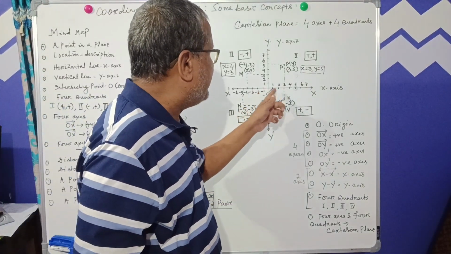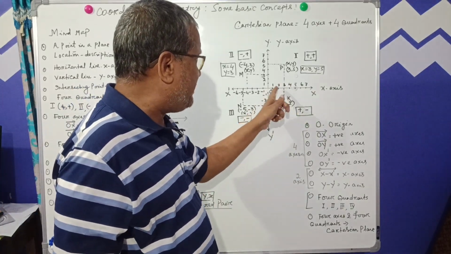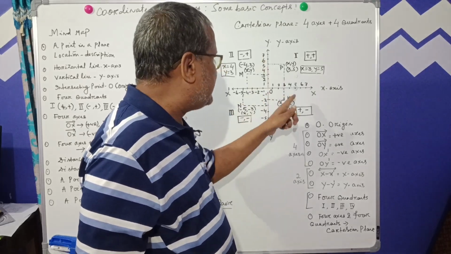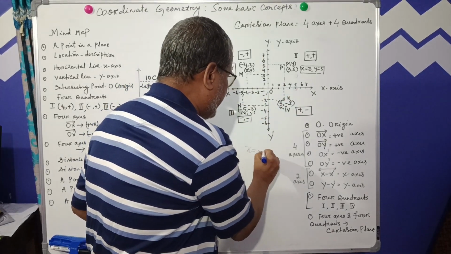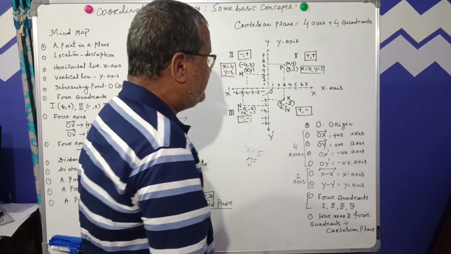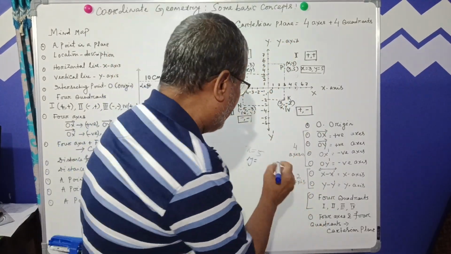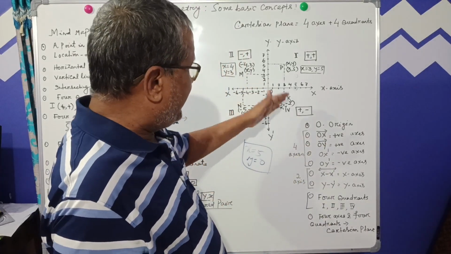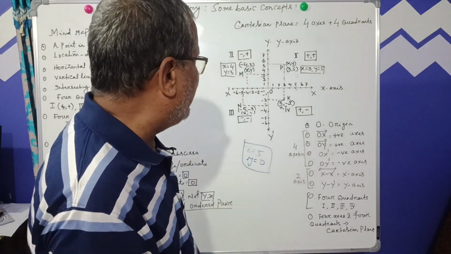The x coordinate, simply you can say 5, because it is 5 units, the perpendicular distance from the y-axis is 5. So x is equal to 5. Then what about y? The y coordinate is 0. This is very important. When the point is on the x-axis, then the y coordinate or ordinate is 0.